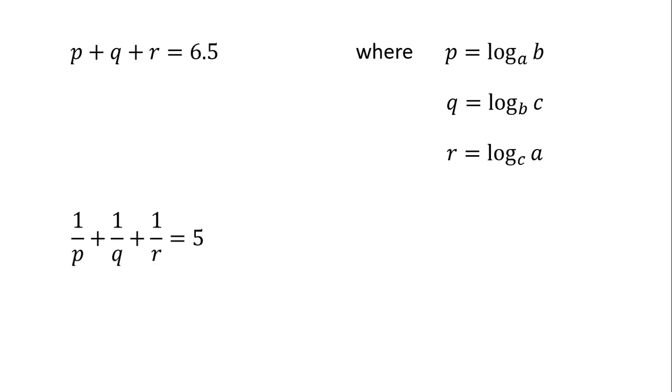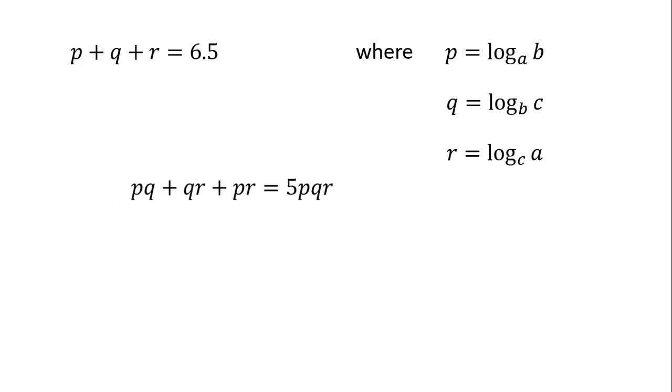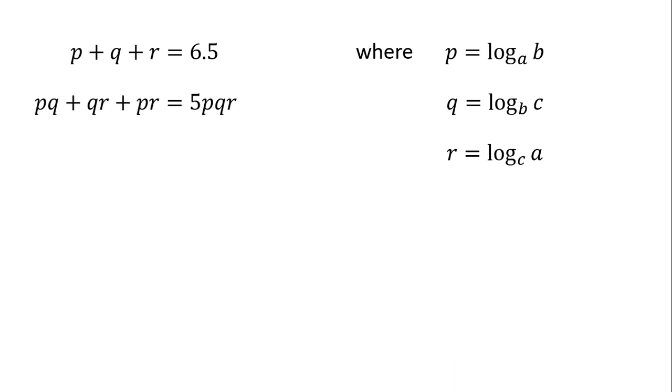Let us get the LCD and then combine the terms in the left-hand side to get QR plus PR plus PQ all divided by PQR equals 5. Multiplying both sides by PQR and then rearranging the terms in the left-hand side, we will get PQ plus QR plus PR equals 5 PQR. So this is our second equation.